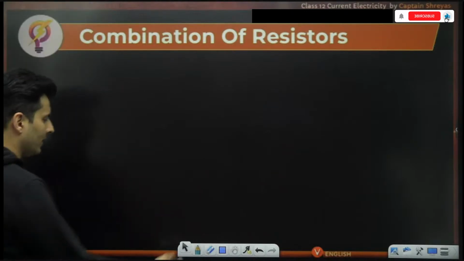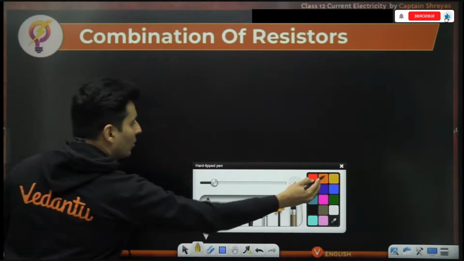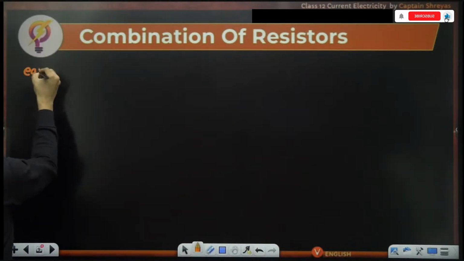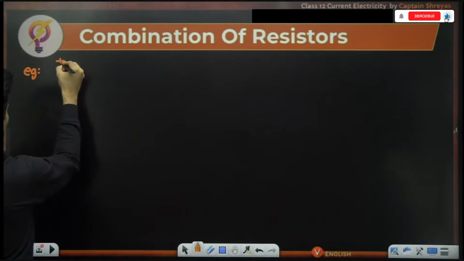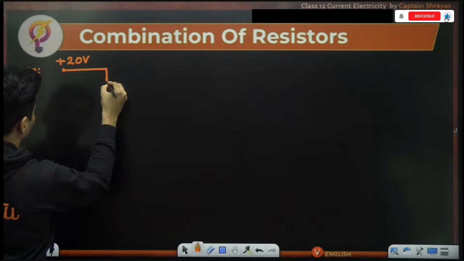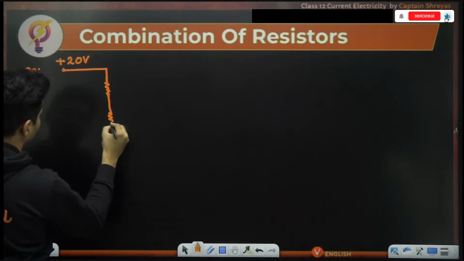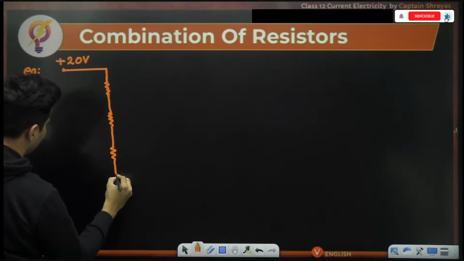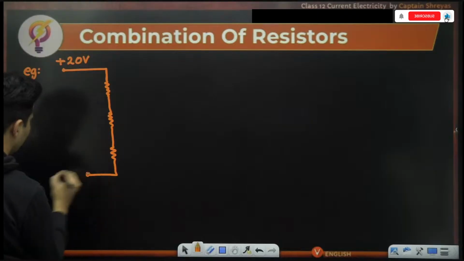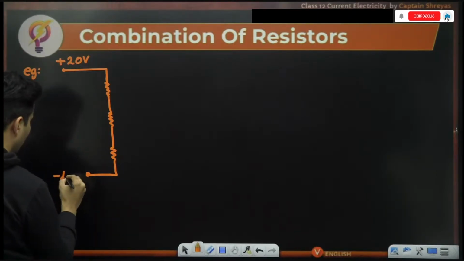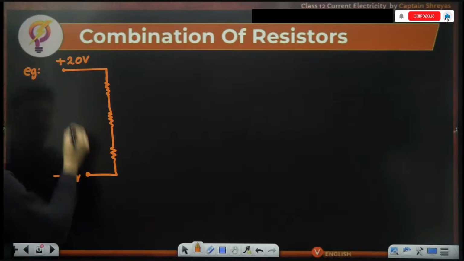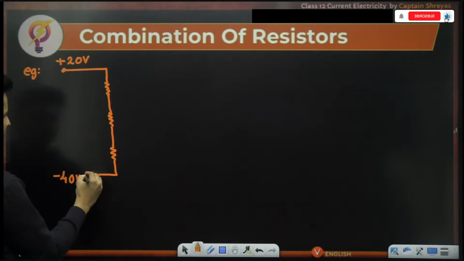Let me show you some examples on this. Then you will get some confidence, right? So let's do a question on this. Say for example, there is plus 20 volts over here and there is one resistance, another resistance, another resistance, and let's say this is, I don't know, minus 40 volts. This is one point, this is another point.